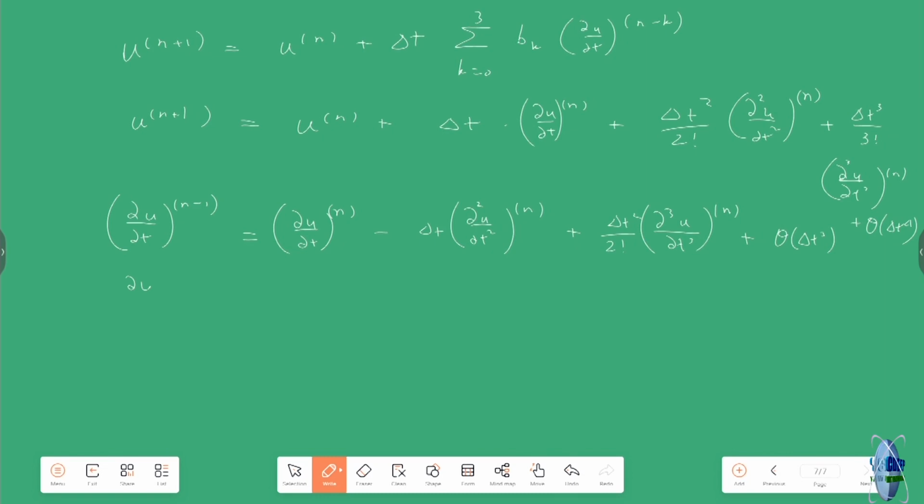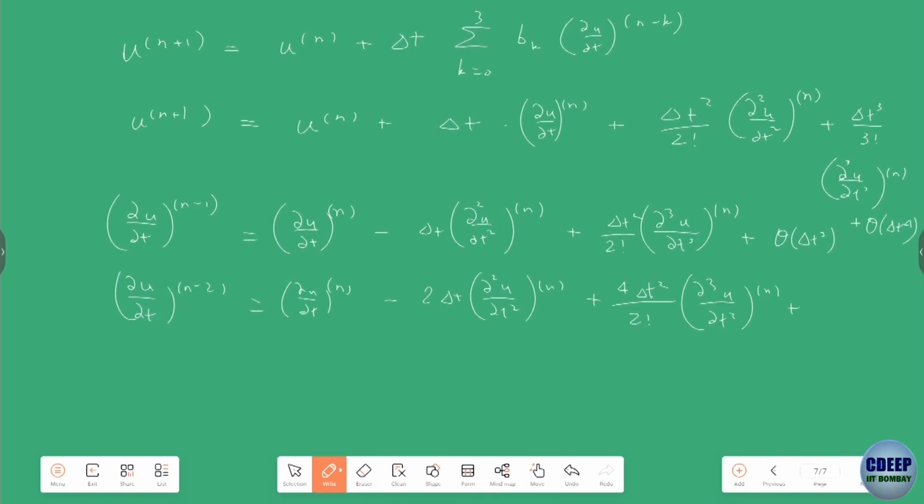And similarly for earlier times, n minus 2 is del u del t at n minus, now there are two time steps, 2 delta t del 2u del t2 at n plus 4 delta t square by 2 factorial del 3u del t3 at n plus order delta t cube, and so on for the n minus 2, n minus 3 also.